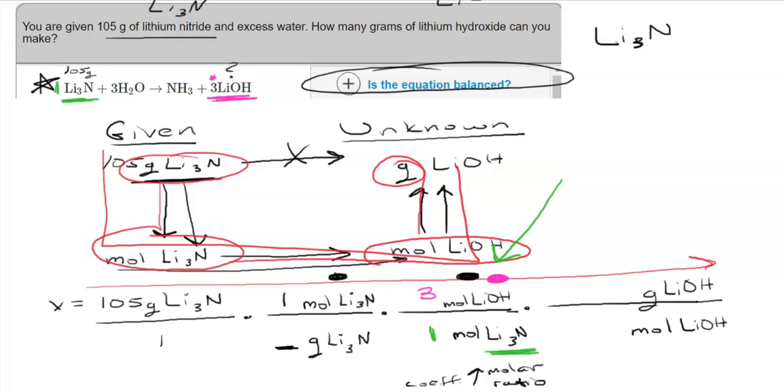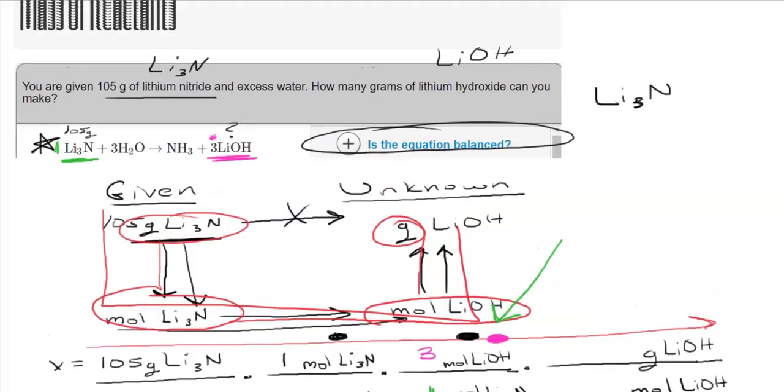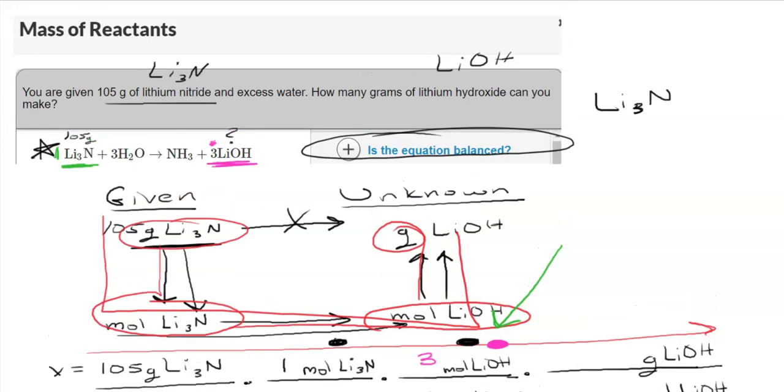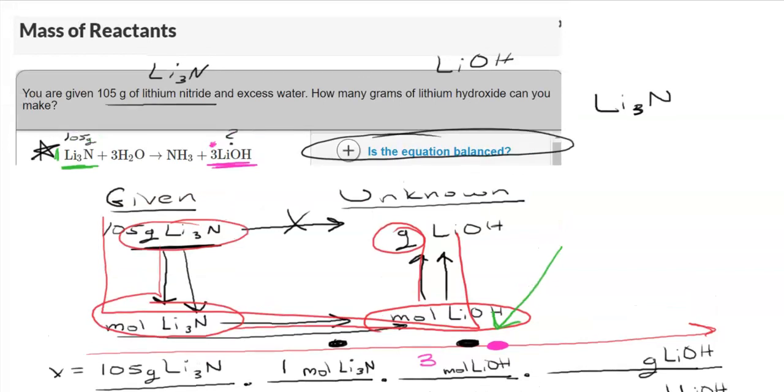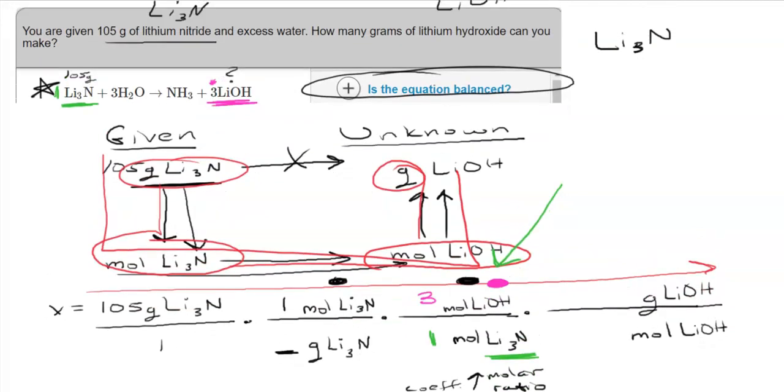So if I add that up, if I look at the periodic table, lithium weighs, why is that doing that weirdness? It's moving. There we go. Let's try again. Okay, so I have 3 lithiums.